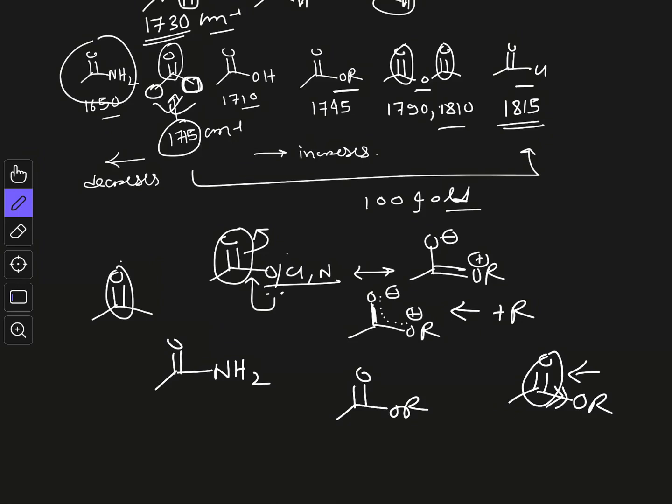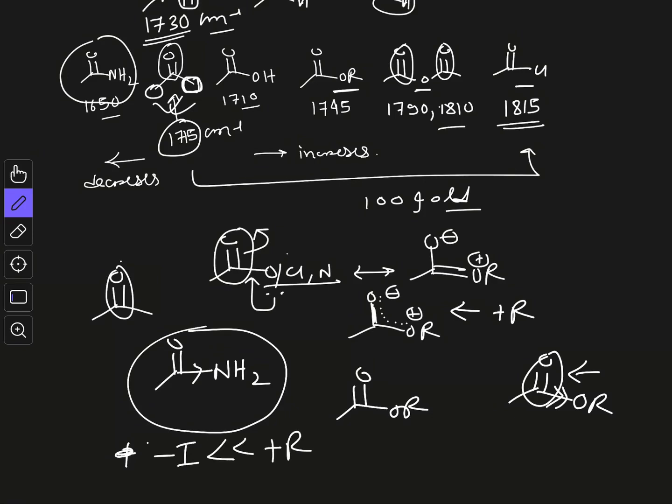Now there is a balance between these two. In case of amide, nitrogen is less electronegative than oxygen, so that's why this sigma electron withdrawal is low. So in this case the minus I effect shown by nitrogen is very low compared to the plus R effect.